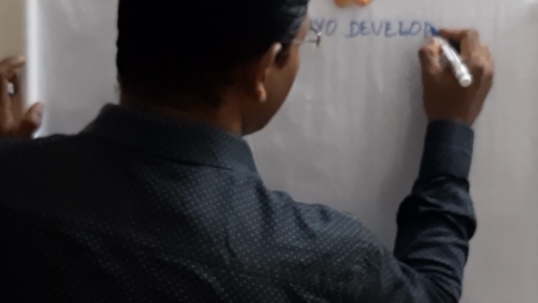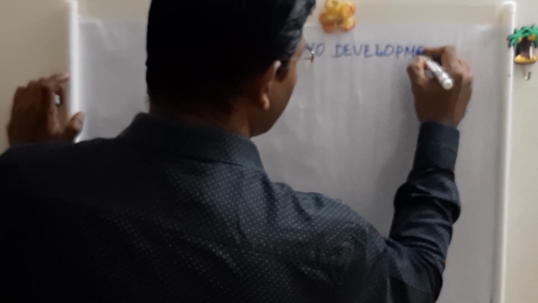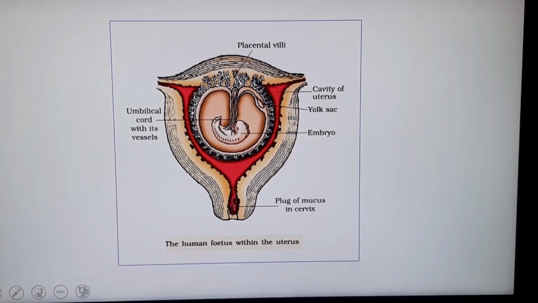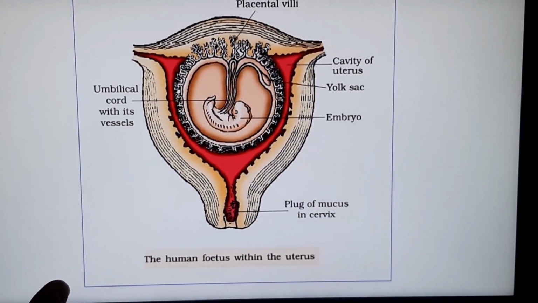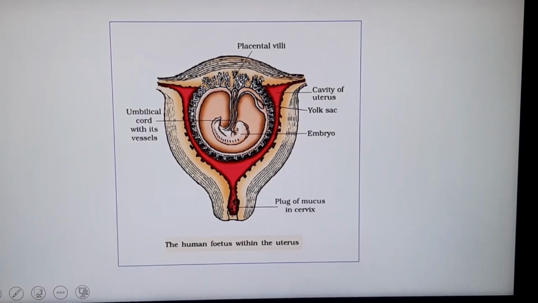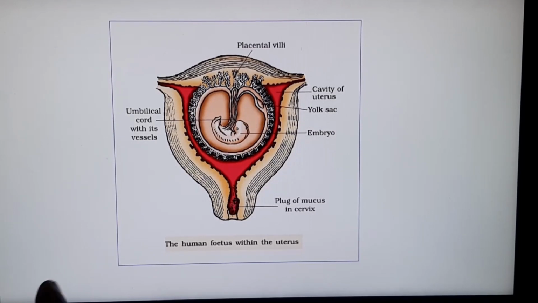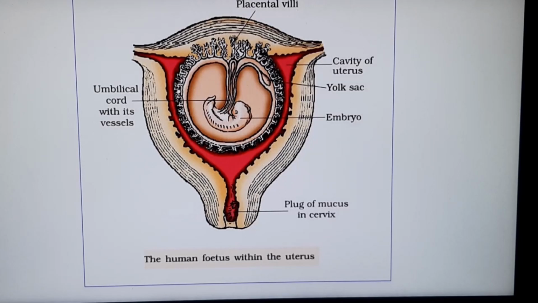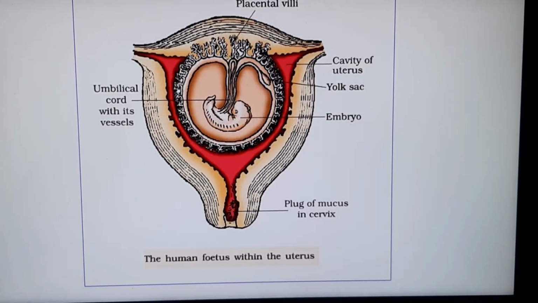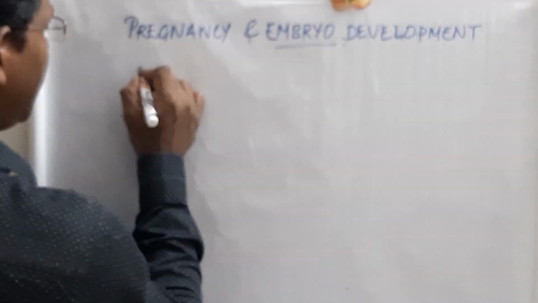Pregnancy and the development of embryo. After the implantation, finger-like projections appear on the trophoblast called chorionic villi, where it is surrounded by the uterine tissue and the maternal blood capillaries.